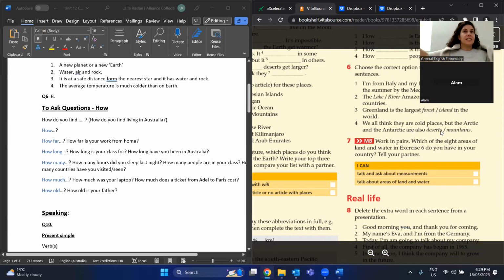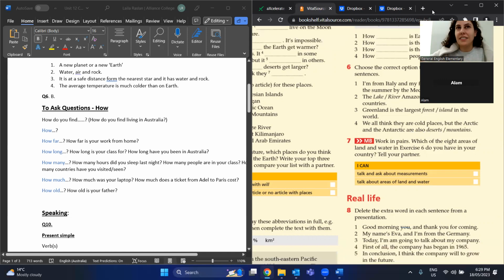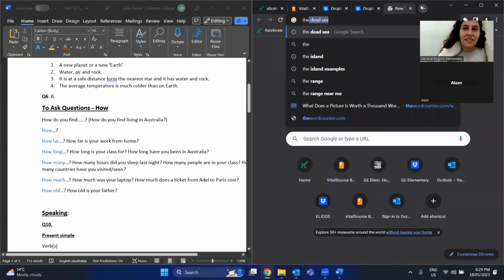Because what's the definition of a desert? It's just a place that's uninhabitable. It doesn't have like people. I don't remember. Don't have the mountain. Flat, maybe I think. Maybe the Arctic.